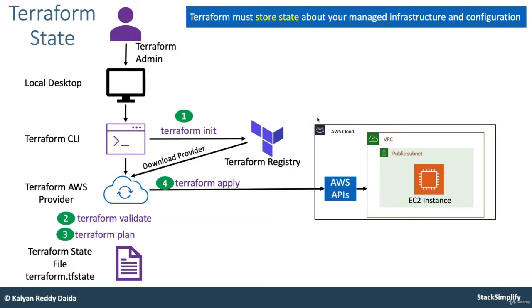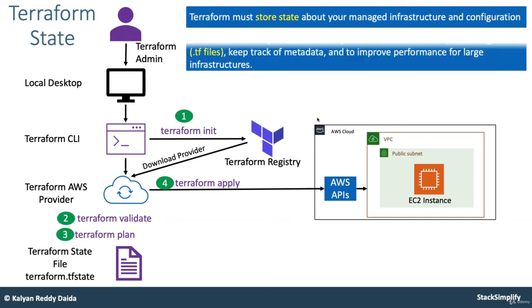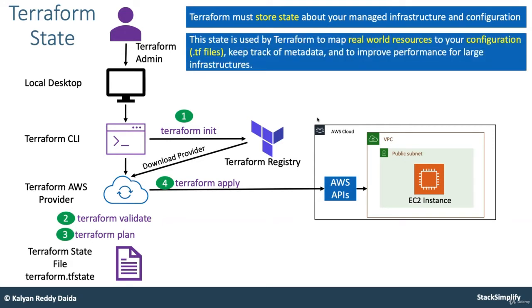Terraform must store state about your managed infrastructure and configuration. This state is used by Terraform to map real world resources, which is your EC2 instance created in your AWS cloud, to your configuration, the .tf files where you created the EC2 instance resource.